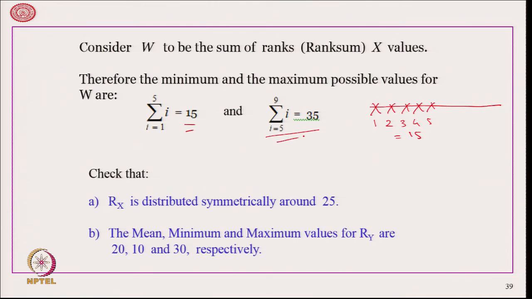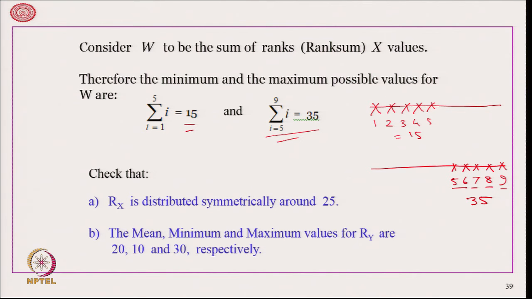What is the maximum possible value? The maximum possible value is going to be when the highest 5 values are taken by x. Therefore, these are going to be 5, 6, 7, 8 and 9, and therefore, their sum is 11 plus 7, 18 plus 8, 26 plus 9 is equal to 35.